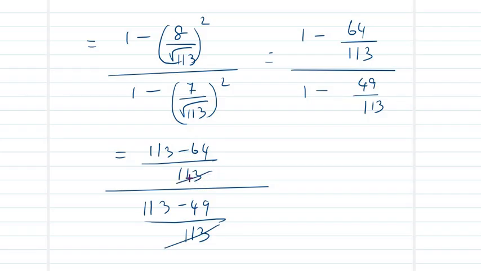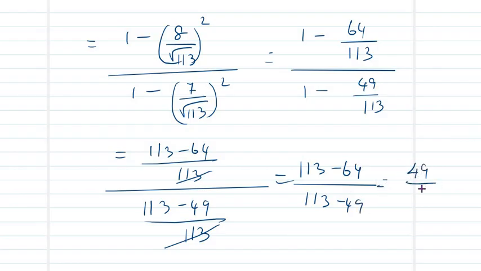Both the fractions' denominators can be cancelled because both of them are divided by the same number 113. So it's as good as writing directly 113 minus 64 by 113 minus 49, and you'll get the answer as 49 by 64.